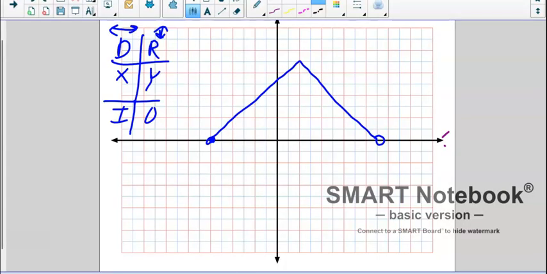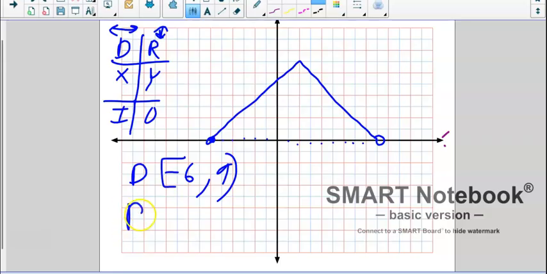Okay, so the domain, how far left does it go? Well, it goes -1, -2, 3, 4, 5, 6, -6, and it hits -6. And the range, 1, 2, 3, 4, 5, 6, 7, 8, 9, it goes until 9, but it does not include 9.